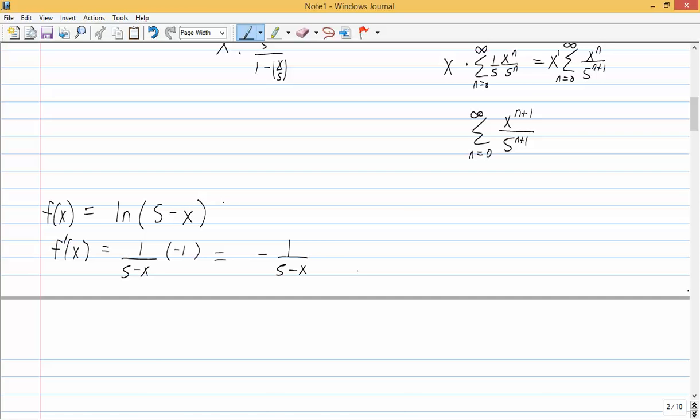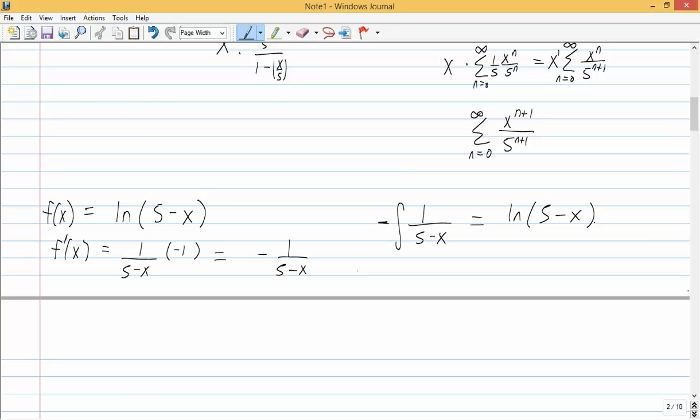So that means that the integral of negative 1 over 5 minus x is equal to the natural log of 5 minus x.